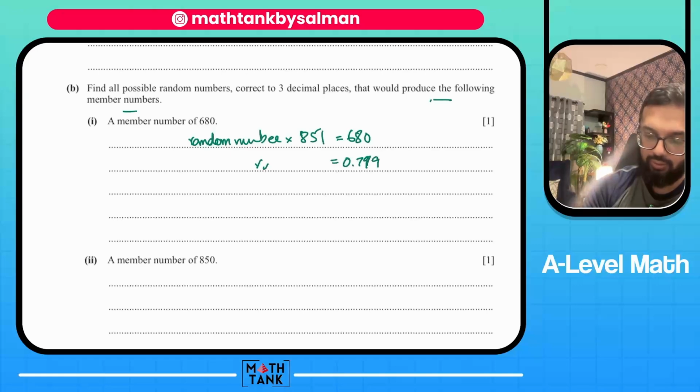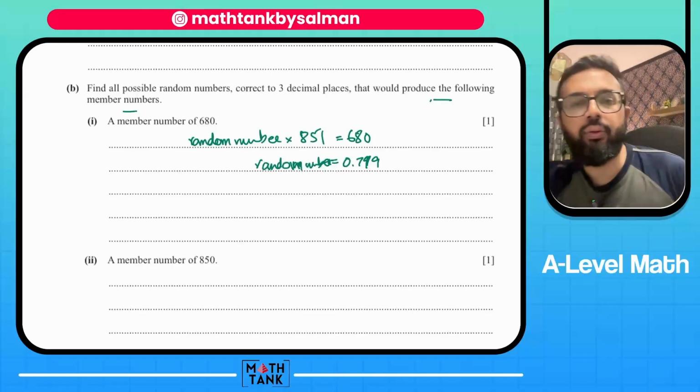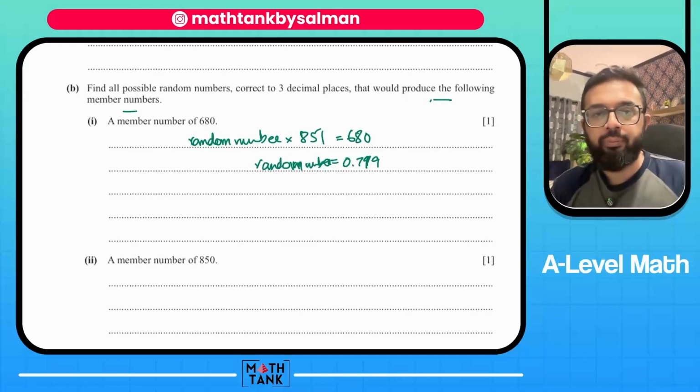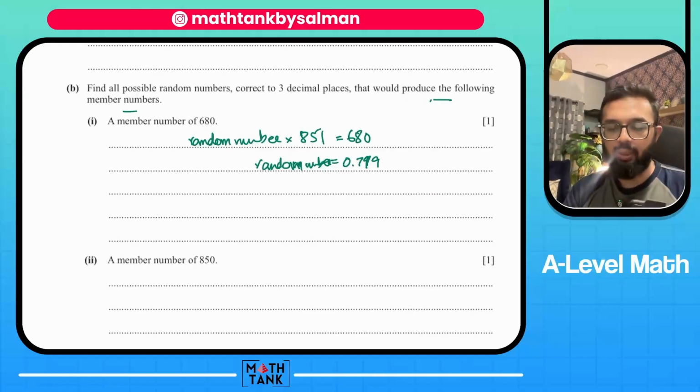I should also check it again: if 0.799 was multiplied with 851, it would give me 679.9, and that rounded off would give me 680 at the end.